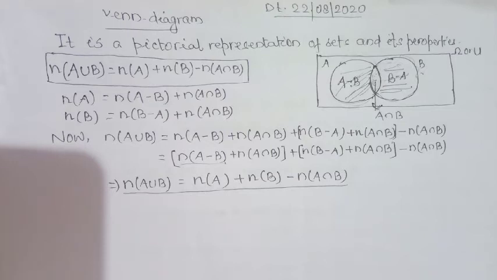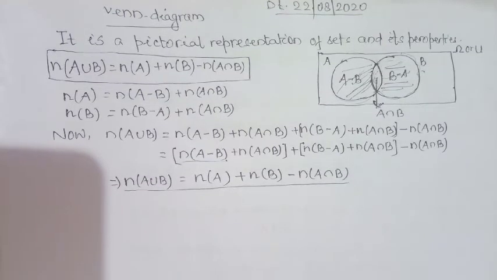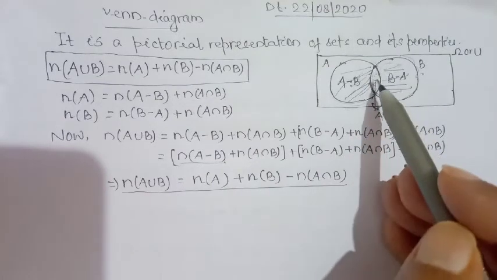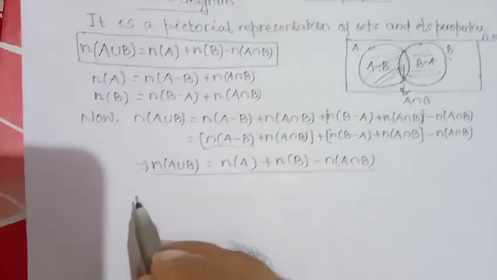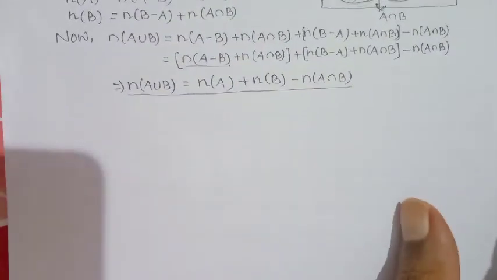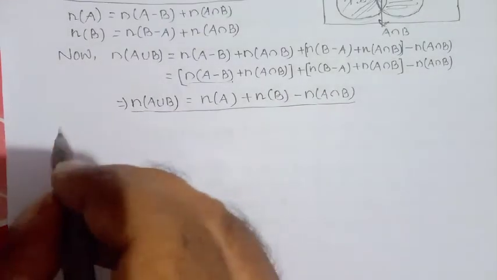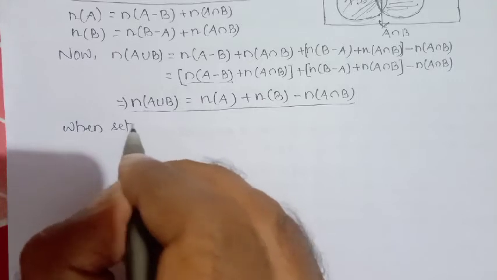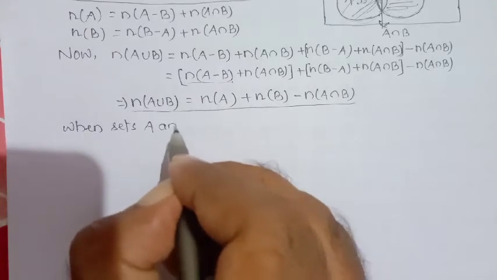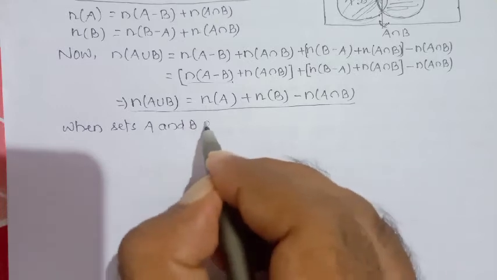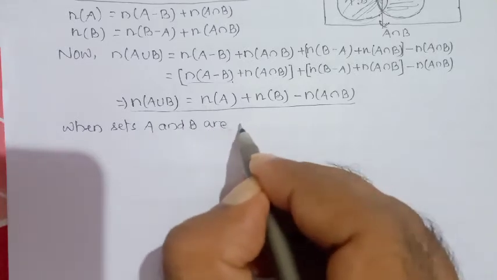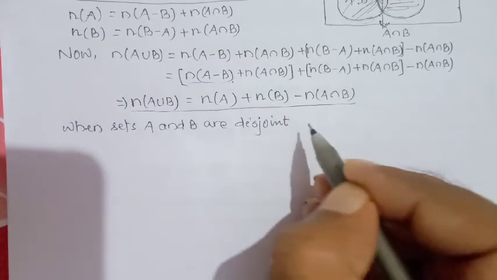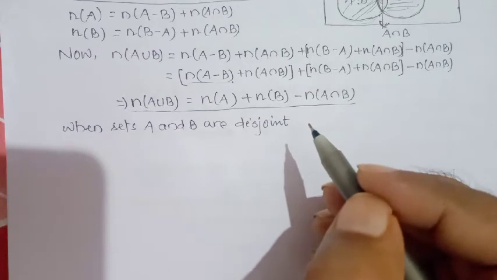Now consider the two sets. They are intersecting sets because A intersection B is not empty. Now, when sets A and B are disjoint, what is the definition for disjoint sets? They have no common element.